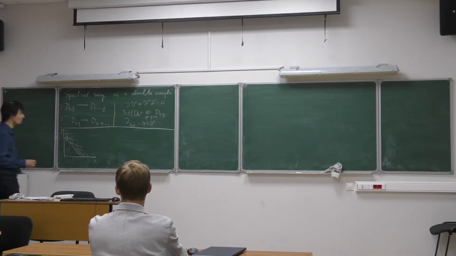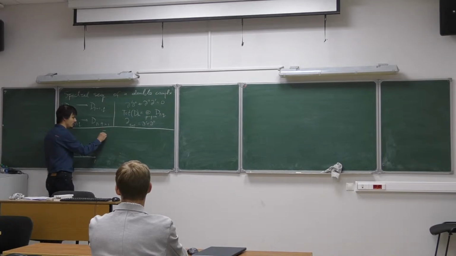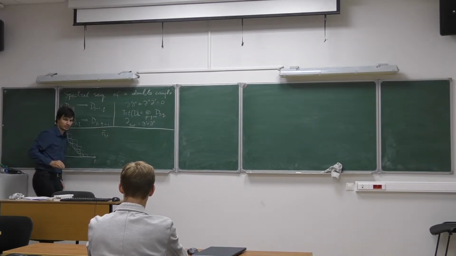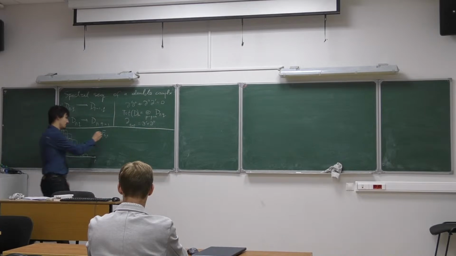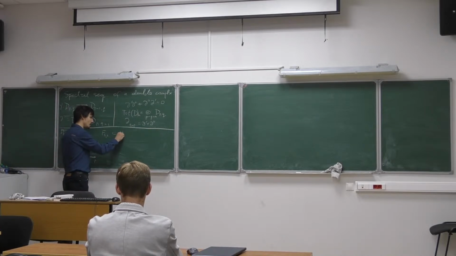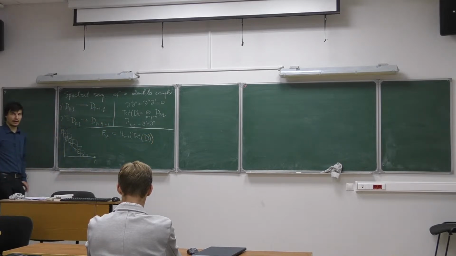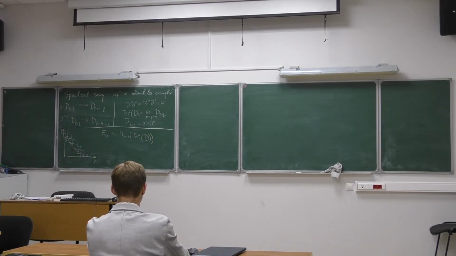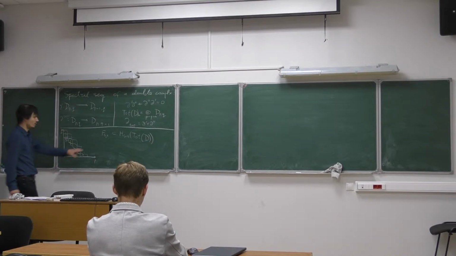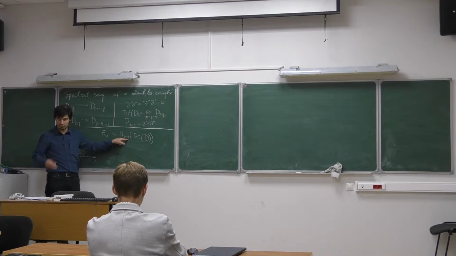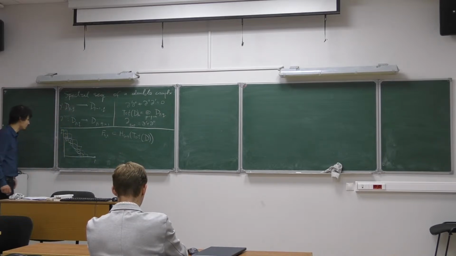And also I recall that we introduced a filtration in the homology of this total complex. It is convenient to index this by two indices, so the sum of these indices is just the number of the homology group.